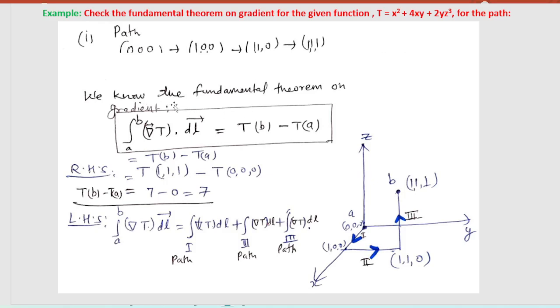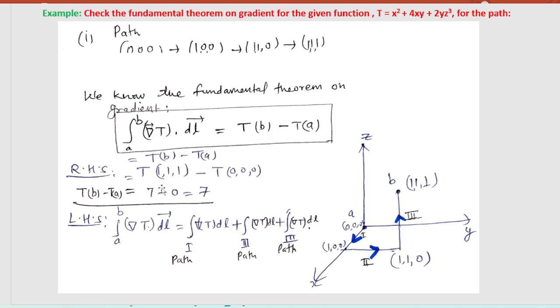So first, we know the fundamental theorem of gradient is the integral from a to b of del T, that is the gradient, dot dl, and it is equal to T(b) minus T(a), the value of that function at point b minus at point a. So T(b) minus T(a), if we can find out the value of this function T at the endpoints, means 1,1,1 and 0,0,0, these are the endpoints. b is the endpoint, a is the starting point.